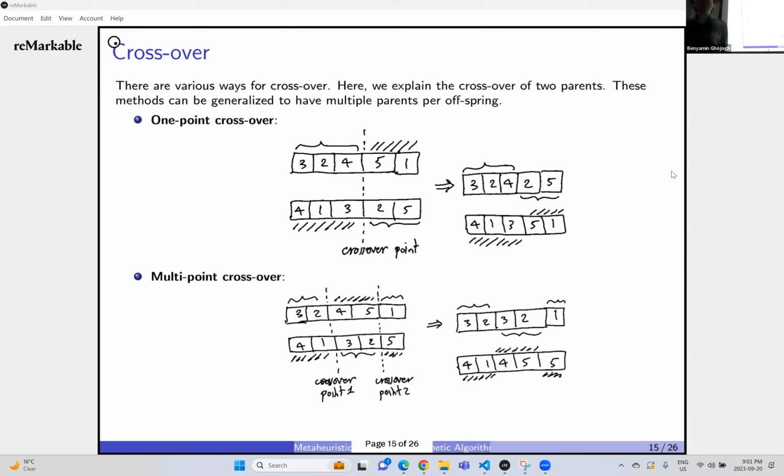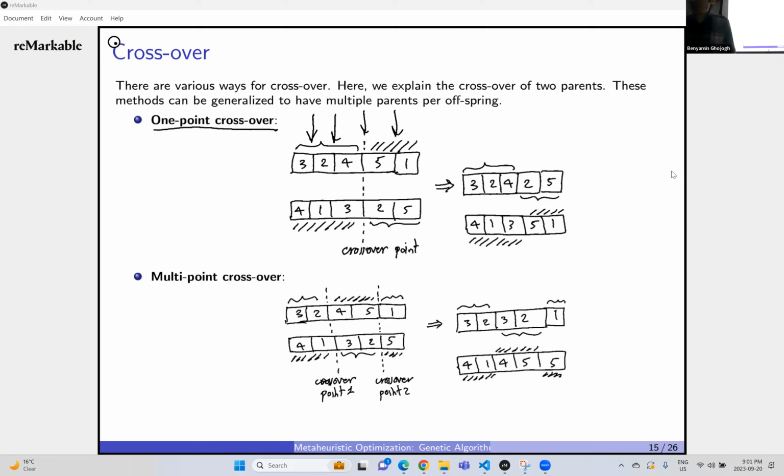There are various ways to do crossover. One of them is 1 point crossover. What does it do? Consider these two chromosomes. Randomly take a point between features. I can take here or here or here or here, right? When I have 5 features, I have 4 options to select. When I have D features, I have D minus 1 options.